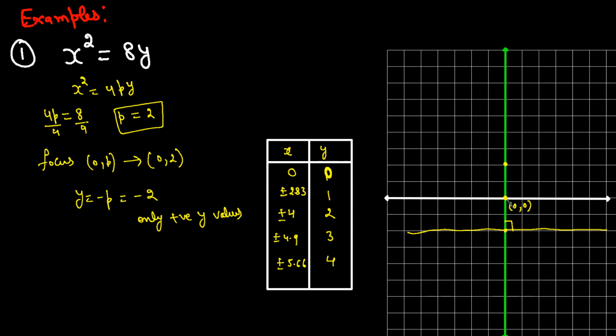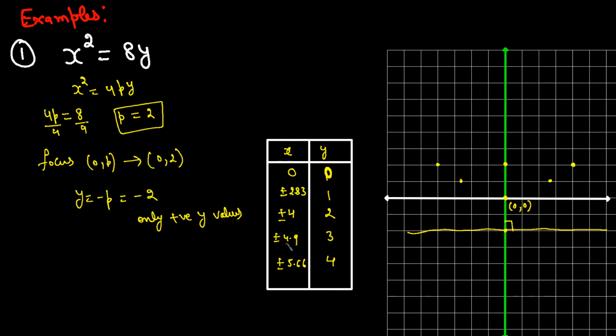So now we have to plot those points. So x is 0, y is 0, so that's the point. Okay, so let's go over, if y is 1, which is here, and x is going to be 2.83 on both sides, positive and negative. So 2.83 is almost 3, so it's going to be somewhere here. Okay, and then y is 2 and x is 4: 1, 2, 3, 4, so that's the negative side, and this is on the positive side.